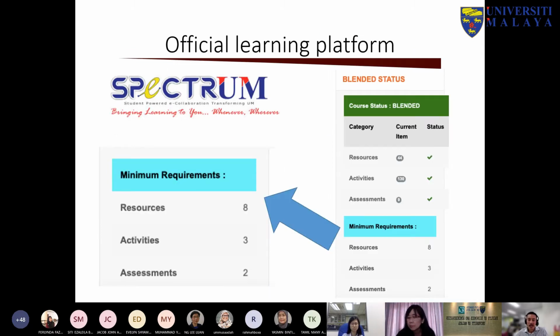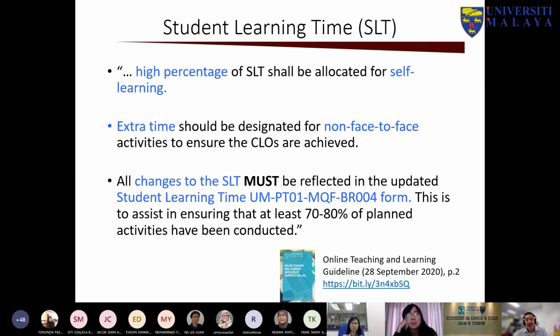Okay, so of course our official learning platform is still Spectrum, and for KPI purposes you have the minimum requirement which is still there. But at the same time, you can use several other platforms like Google Meet or Microsoft Teams.